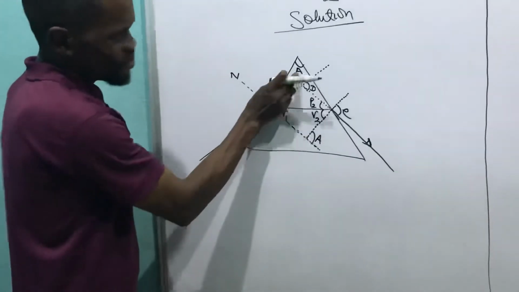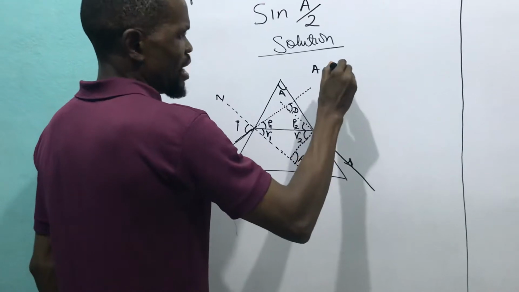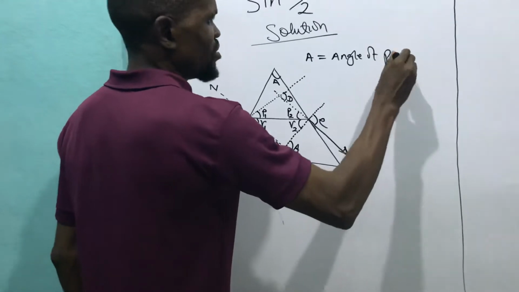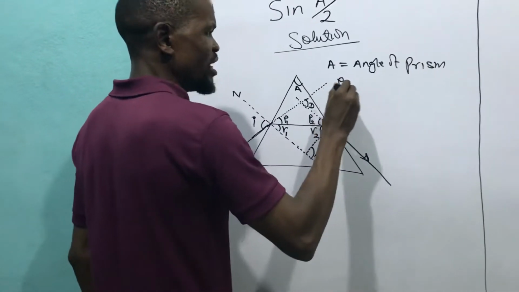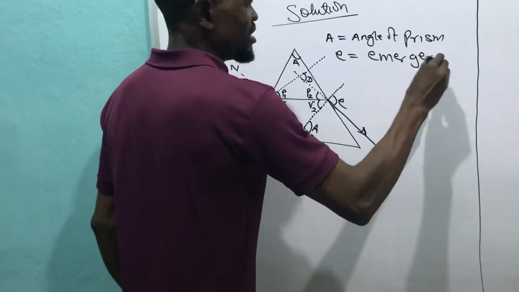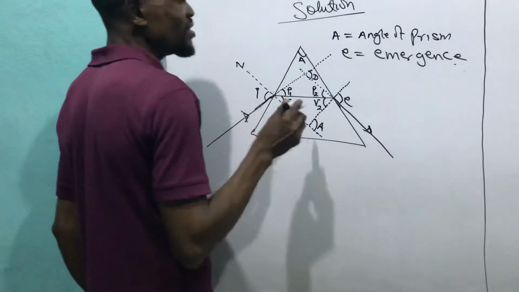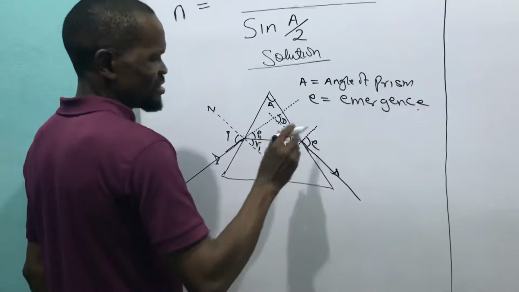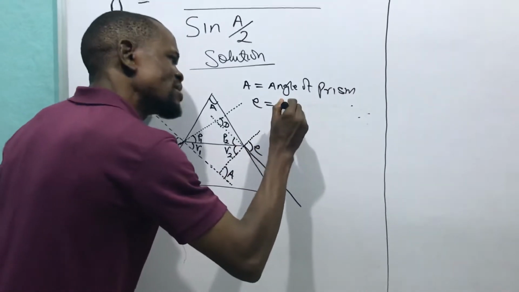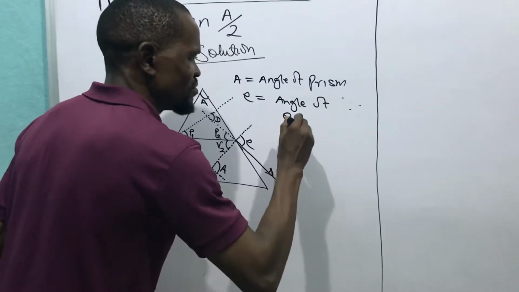And this angle, I call this A, is the angle of prism. And I call E the angle of emergence, the angle of emergence.